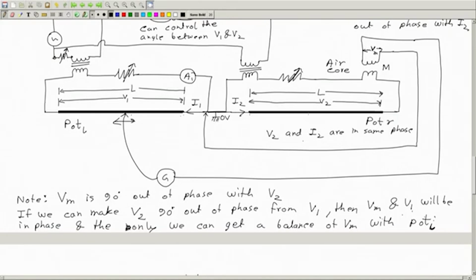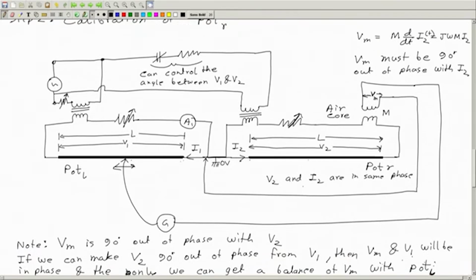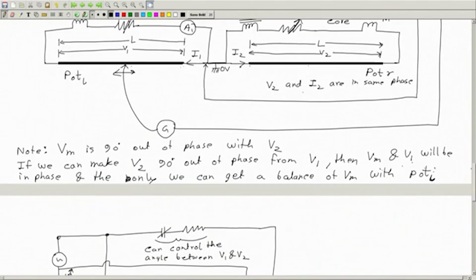and then we have to adjust these things, this capacitance, this resistance, okay, so that V2 is 90 degree out of phase from V1. So let me write.